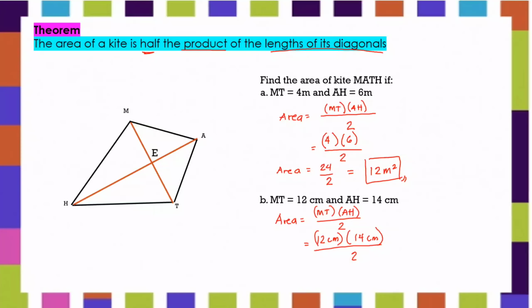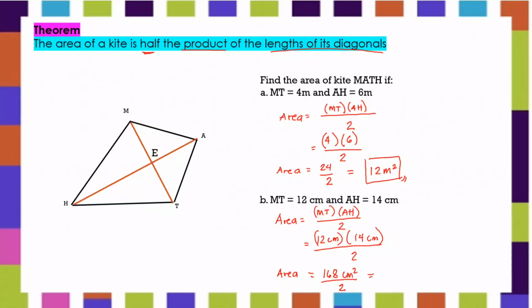So, i-multiply lang natin. What is 12 times 14? Okay? So, we can get that 12 times 14 is equal to 168 centimeters squared. So, centimeters times centimeters will give you centimeters squared divided by 2 para makuha yung area.